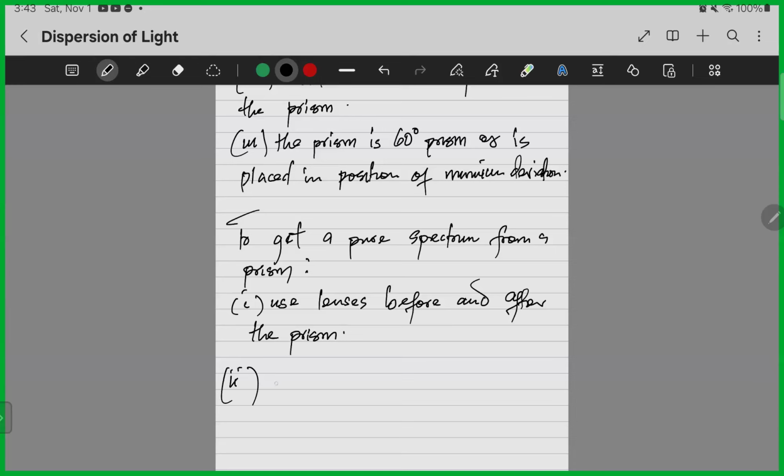We use something called the spectrometer.